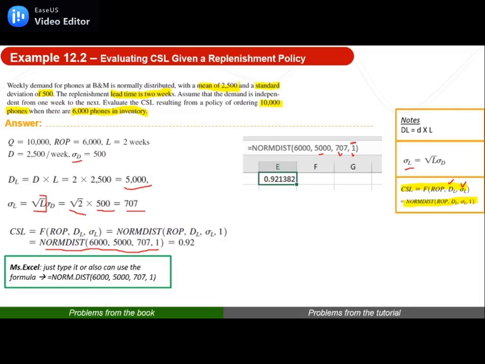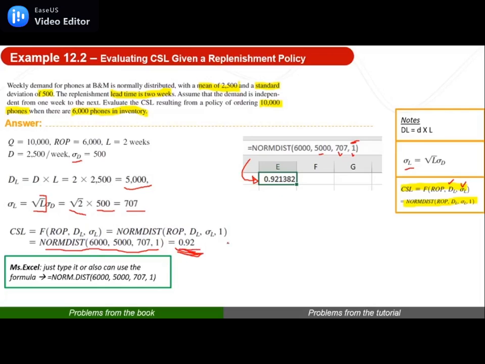Actually, the type is 1 and will always be 1 in this problem. And we get the number 0.921, etc. And we can just round it up to 0.92.